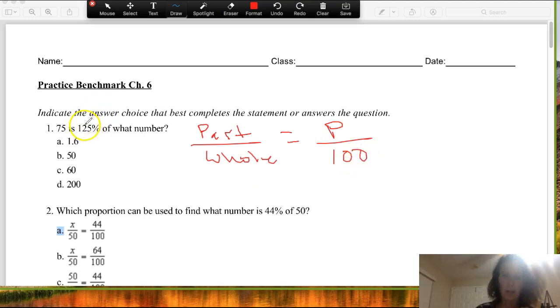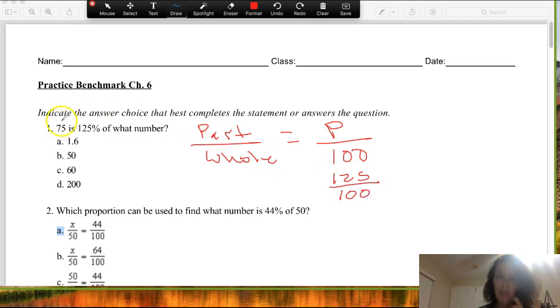Now this one's kind of weird because it asks for 125%, which is actually more than 100. It's bigger than the whole. That's okay. Just set it up just like this. Your part to your whole. 75% is 125% of what number? Your percent is 125. It's bigger than the whole out of 100.